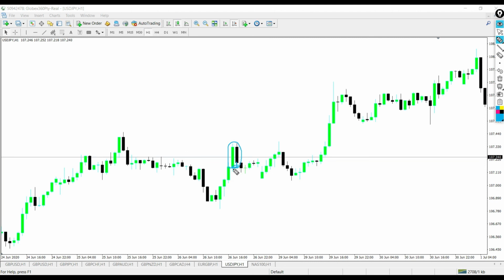So we cannot say this is an inside bar, but you can just call it a tweezer. Same applies with this one. They almost close at the same level. Sometimes they will close exactly at the same level, but should they not, at least you have an idea how these candlesticks look like. So with that being said, those are the candlesticks you have to look out for.